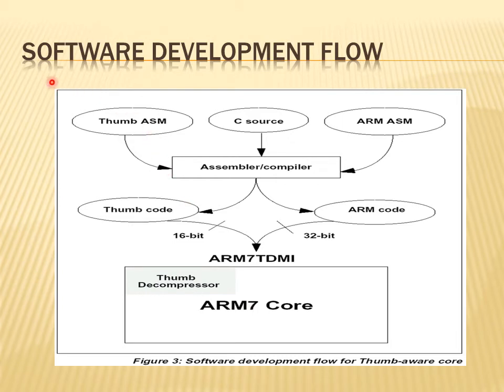This diagram is nothing but the entire embedded system design flow. It shows the development flow, how it is to be carried out stepwise. The first stage is writing a program.